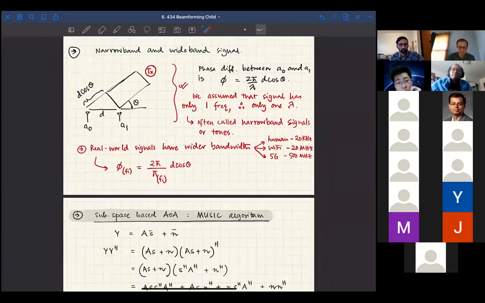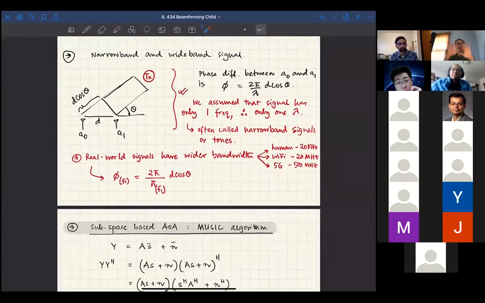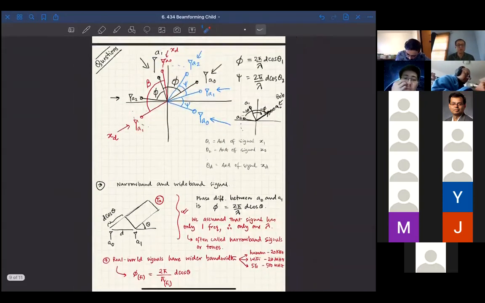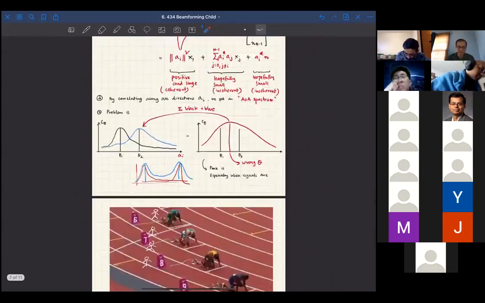So I want you to remember that all the understanding that we have thus far is for a narrow band signal. For wideband signals, we need to do other things and we have to be more careful. Questions? Okay, good. So that is what we are going to talk about: delay sum beamforming and angle of arrival estimation.